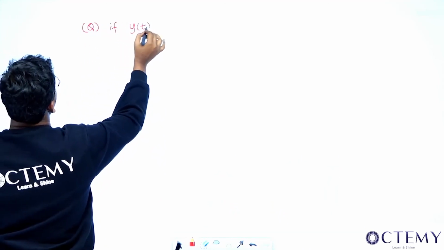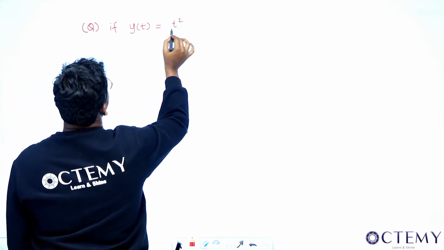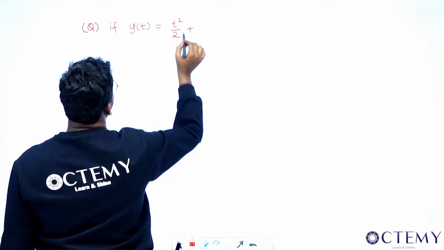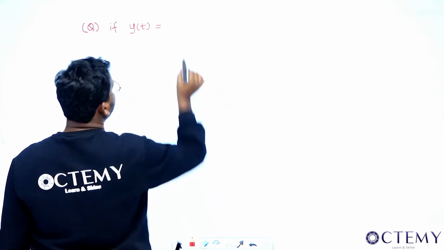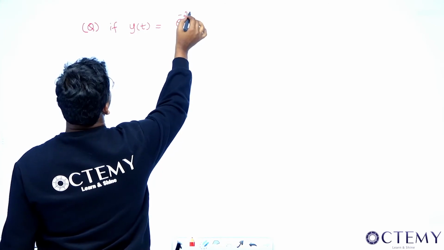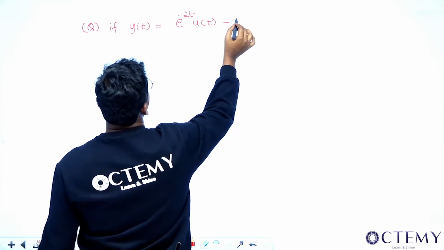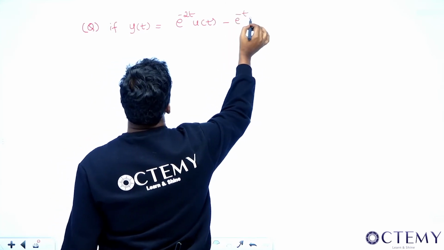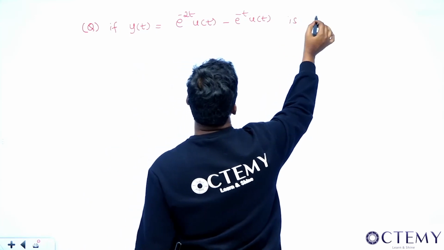If y of t is equal to t square by 2, or let me write e power minus 2t u(t) minus e power minus t u(t), then is step response.